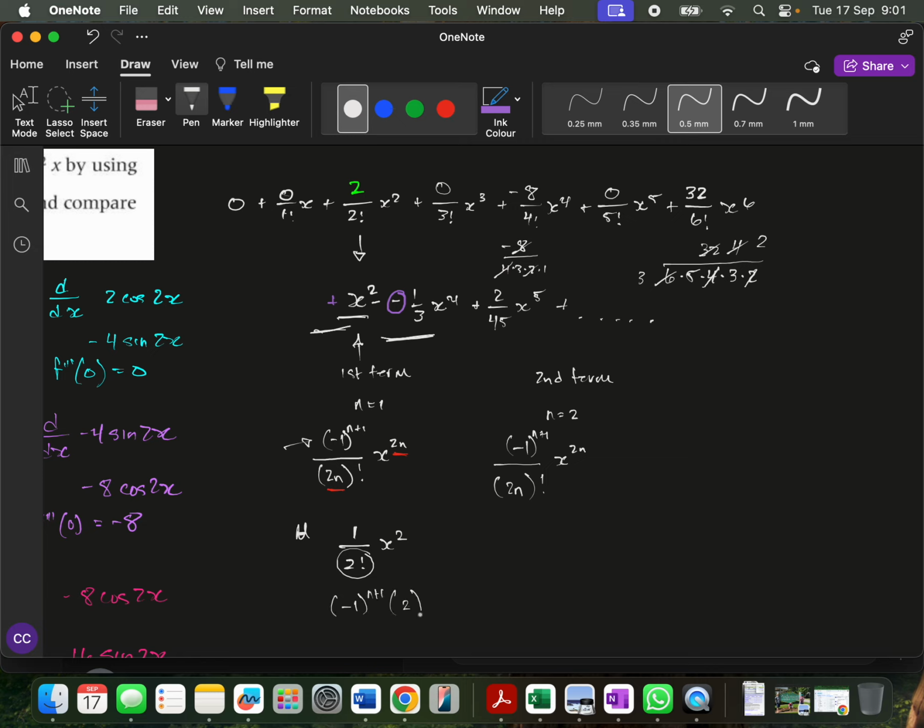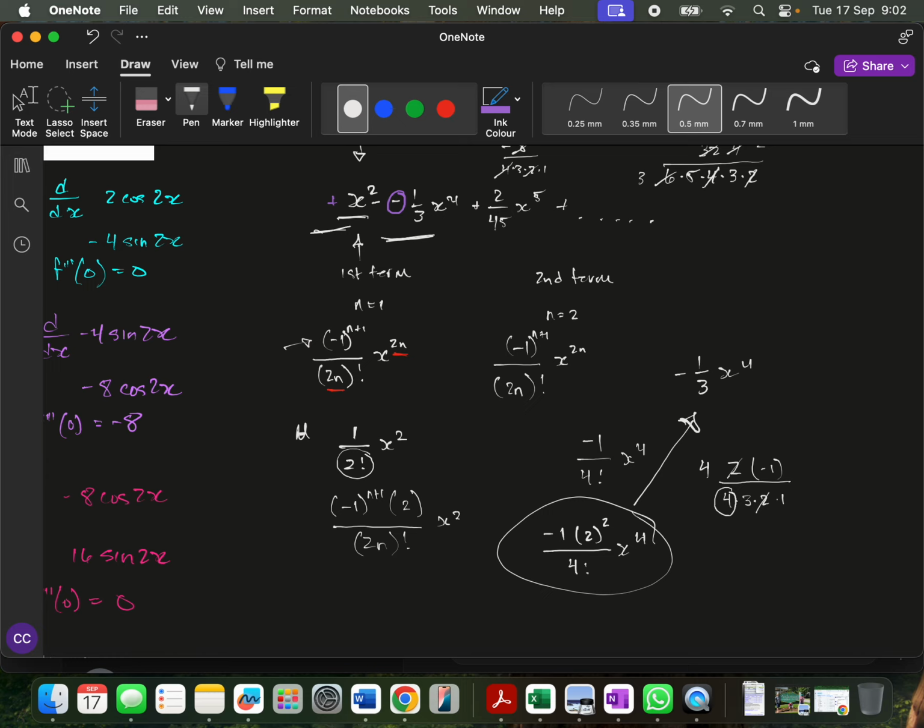So I need a 4 on the top. Well, what power do I have to raise 2 to make it equal to 4? So -1 times 2 squared all over 4 factorial x to the 4th, that gives me that. I would have my 3 on the bottom, I would end up with that value.